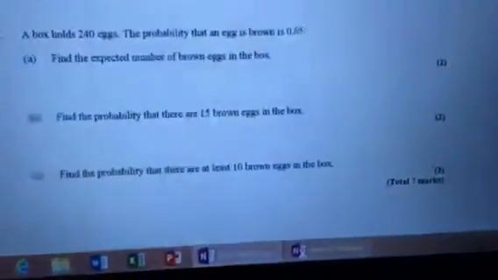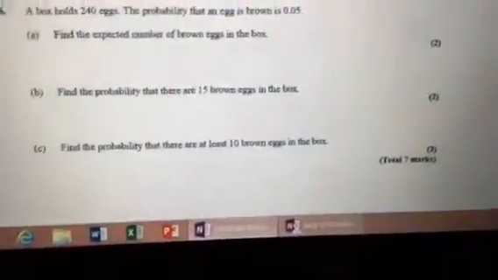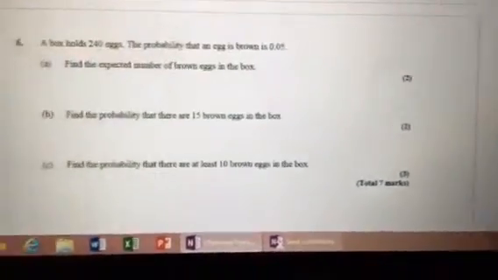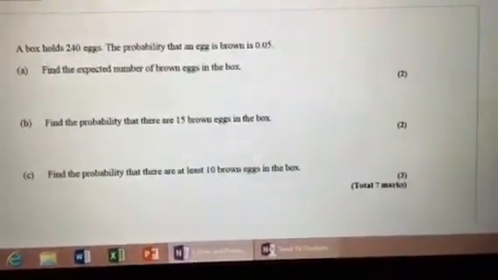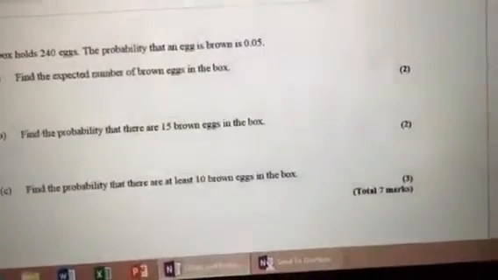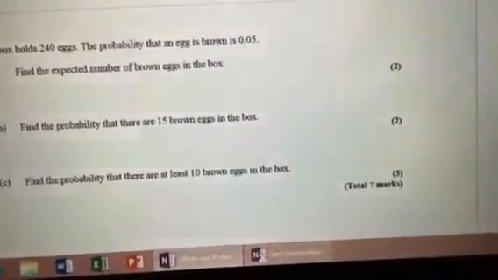Okay, and then for part C of the problem, I have to find the probability that there are at least 10 brown eggs in the box. So that is a combination, so it's not an exact value since it's asking what the probability is that there are at least 10 brown eggs in the box.